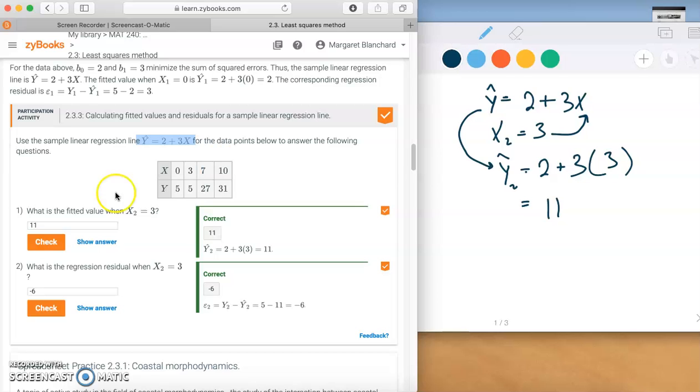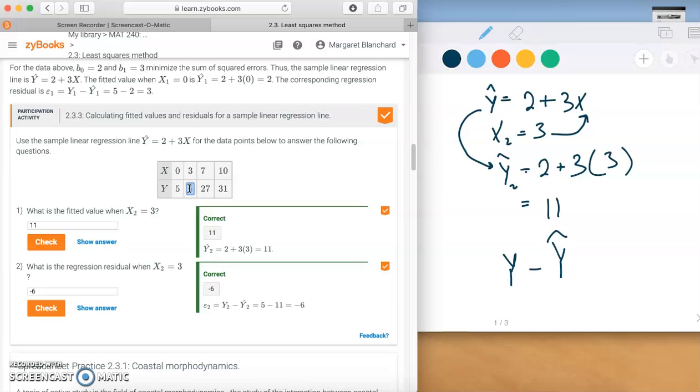All right. So it says, what is the regression residual when x2 equals 3? Well, that regression residual is equal to this number on our data set, y, minus our y hat.